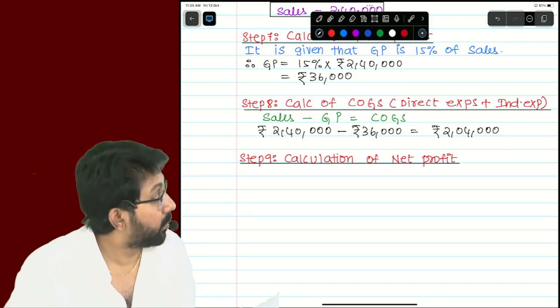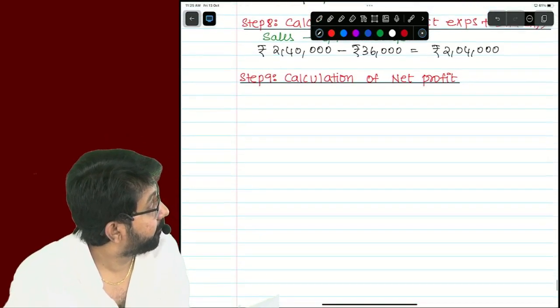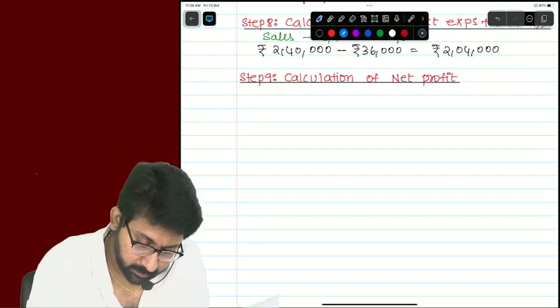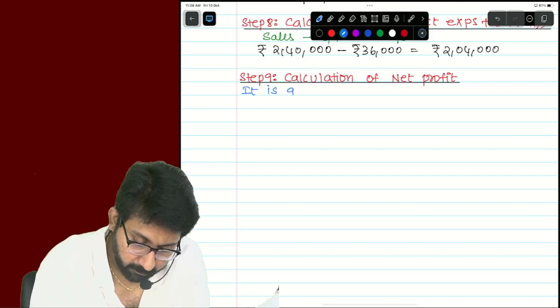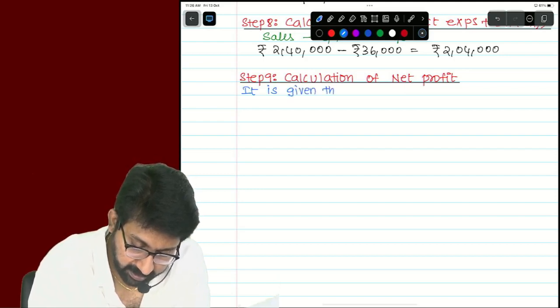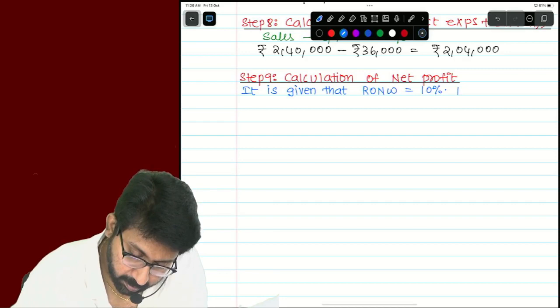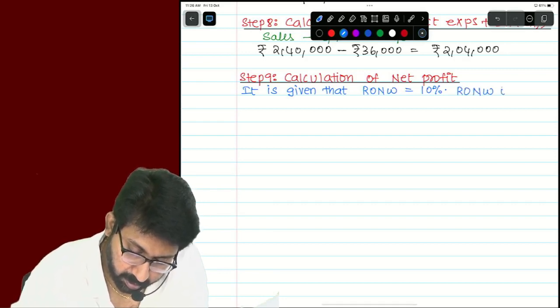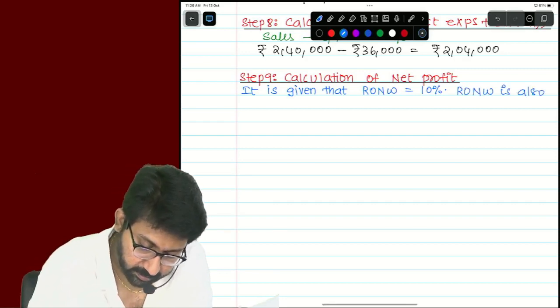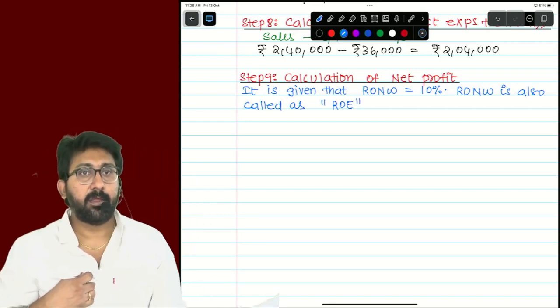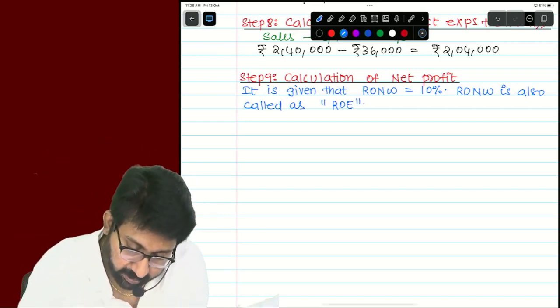Okay, calculation of net profit. Are you along with me? It is given that return on net worth equal to 10%. Return on net worth is also called return on equity.